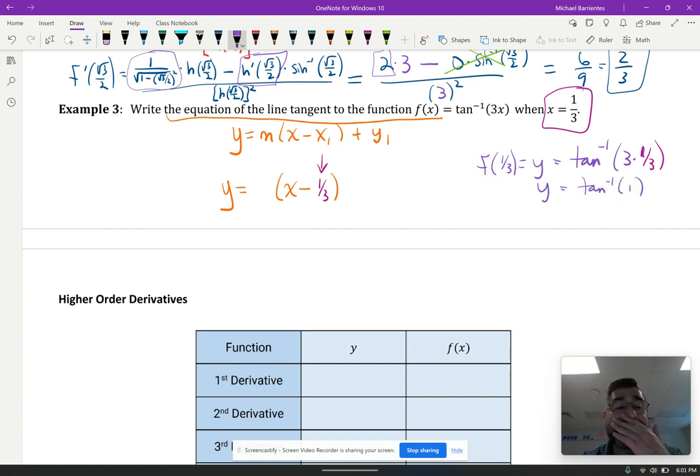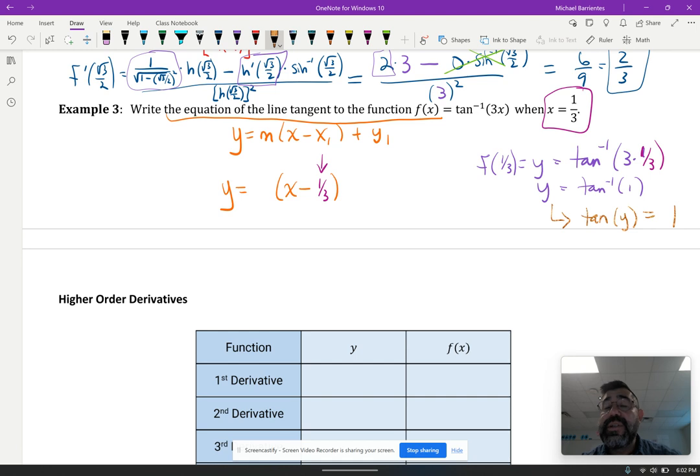Y, by the way. So I'm looking to see where does that happen? Tangent inverse of 1. Or the other way to think about it, I suppose, would be the tangent of what angle is equal to 1? And there's an infinite number of angles, right? There's many answers to this, but we're going to go with the closest one to the unit circle.